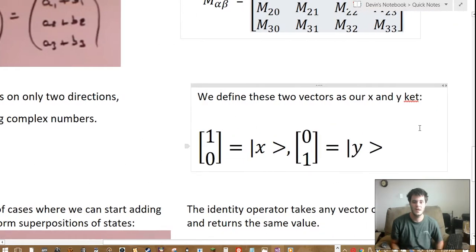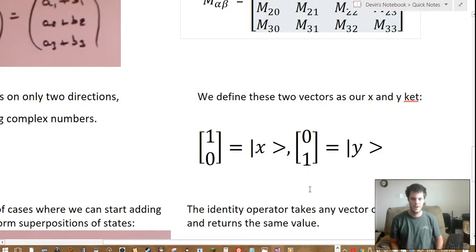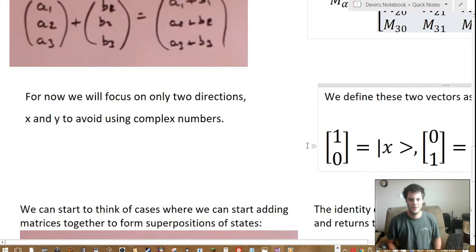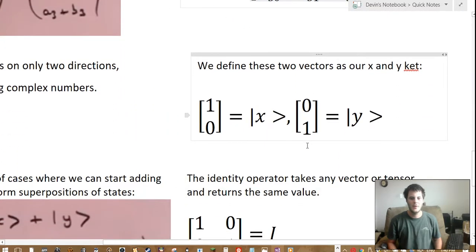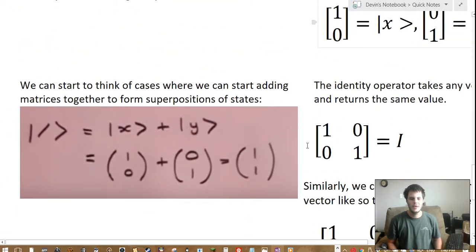Now we're going to focus on two directions, x and y. So that defines our x ket vector as 1, 0. The top number is your x direction and your bottom number is your y direction. Pretty simple stuff, and this isn't going to take much longer. I just want to give an overview of this and show how it can work.